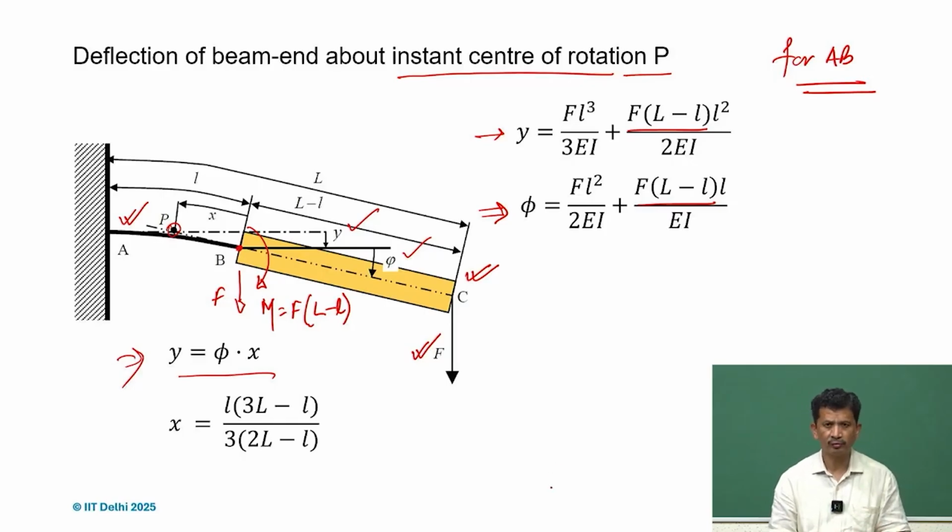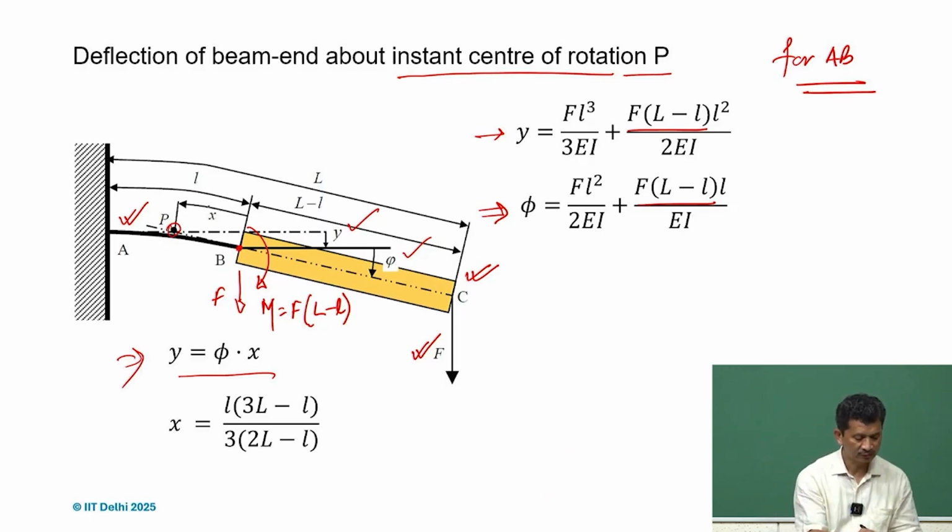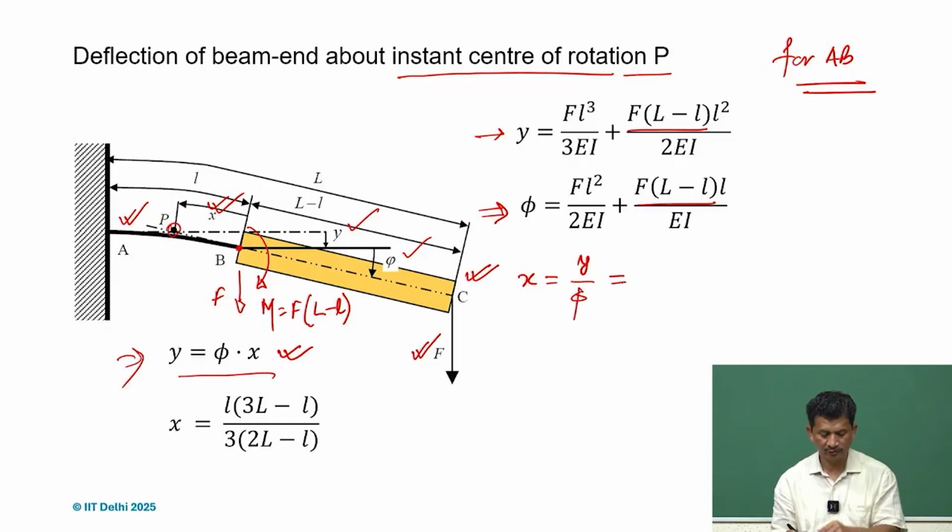So y equals phi times x. We can calculate this x based on this. So y equals phi x, therefore x will simply be y over phi. And if we take the ratio, at the top we can take F l squared by 3EI.